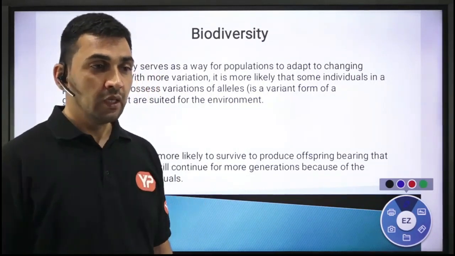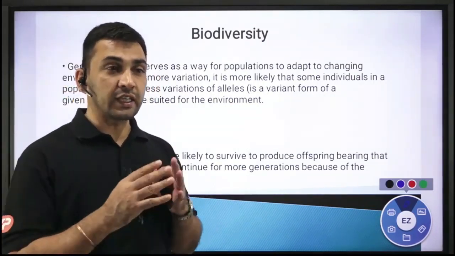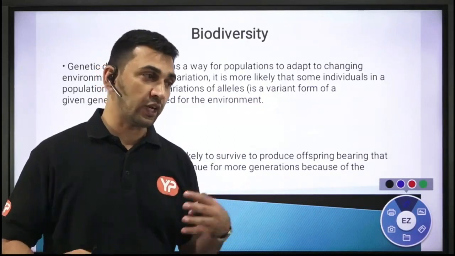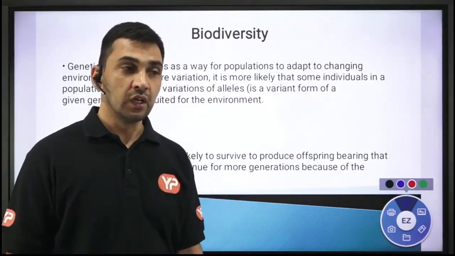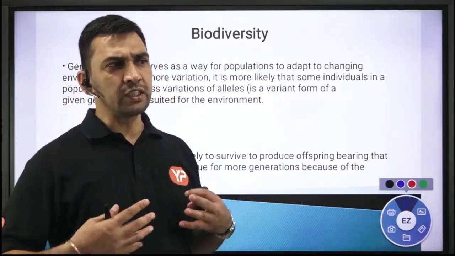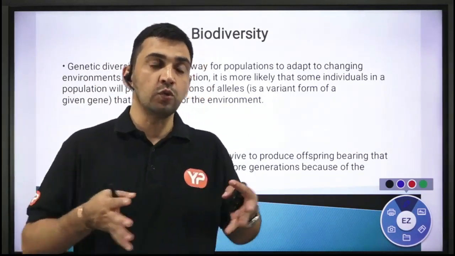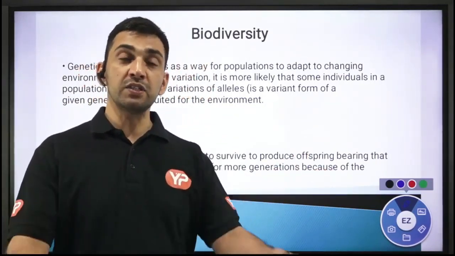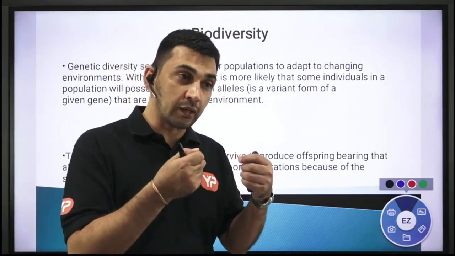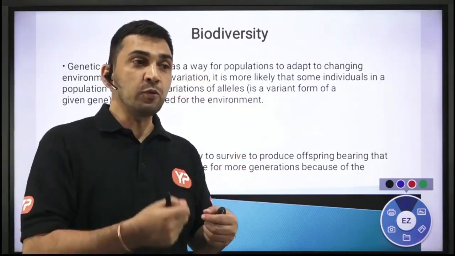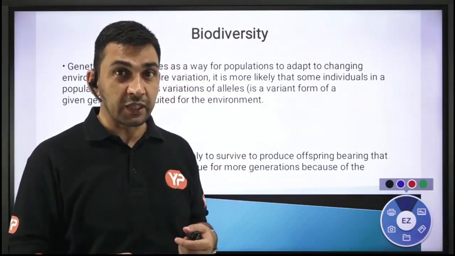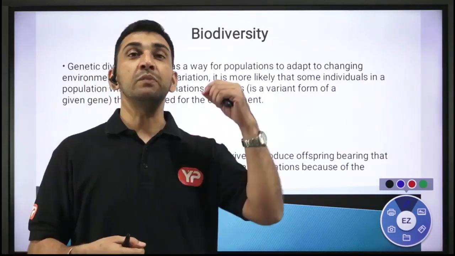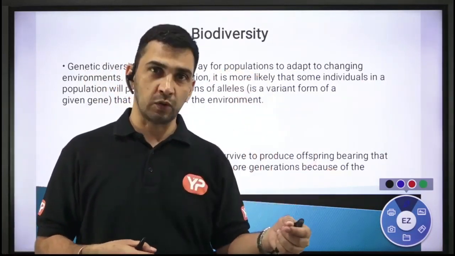For example, let us say the climatic conditions become hostile. Then it may be that in that particular species there are some members who possess a certain kind of genetic material that will make them survive in that environment, right?